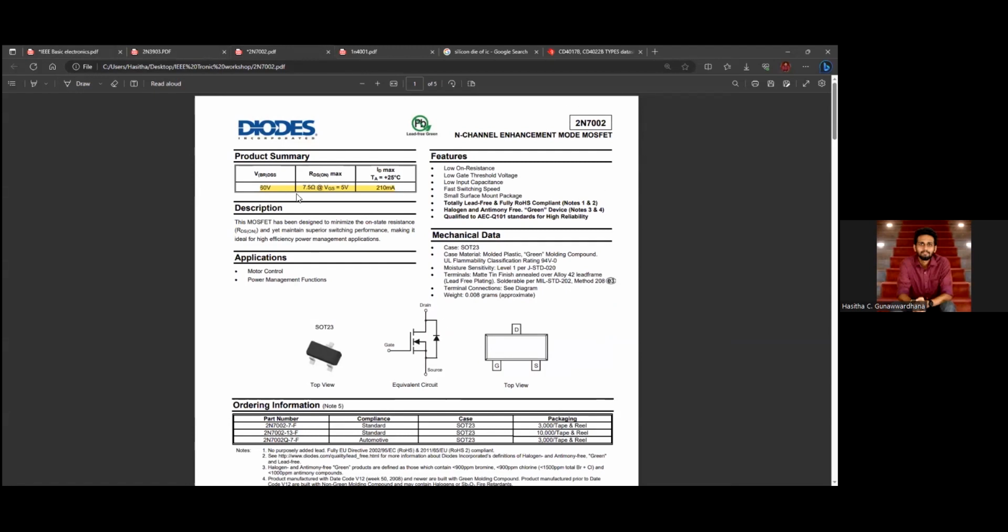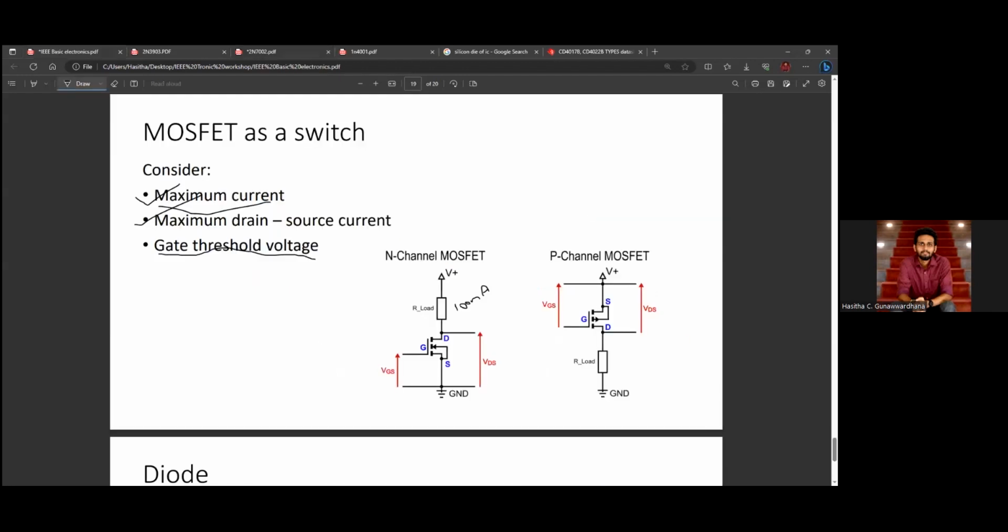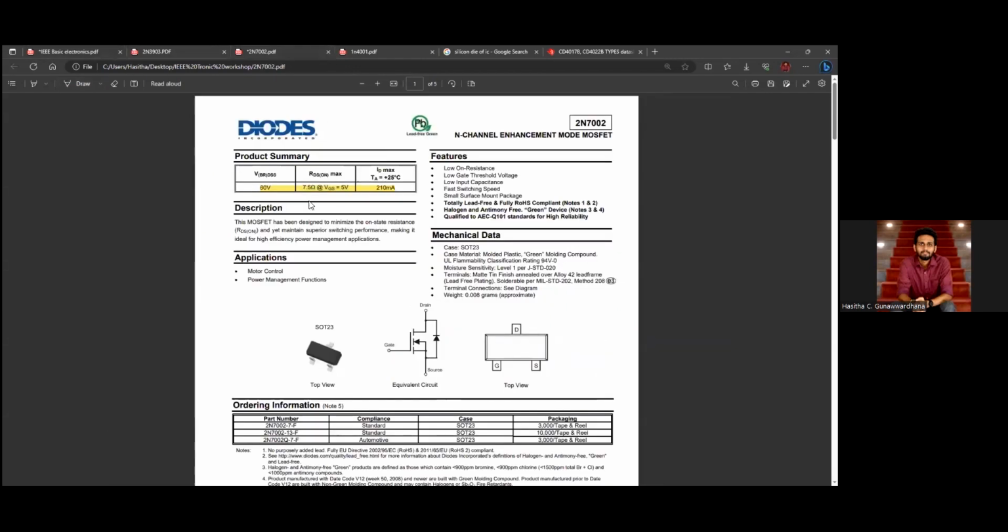damaging this MOSFET. Then this turned on resistance is not very important for simple tasks. Even though I told you that when the MOSFET is turned on, we can simply consider these two terminals connected with a wire, there will be a small resistance between these two terminals even when the device is turned on.